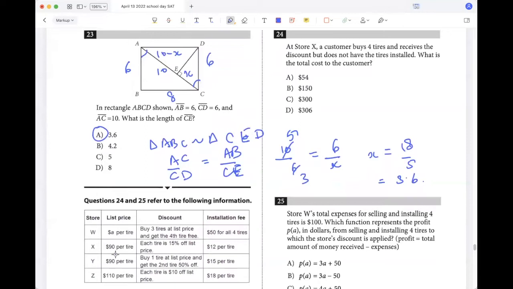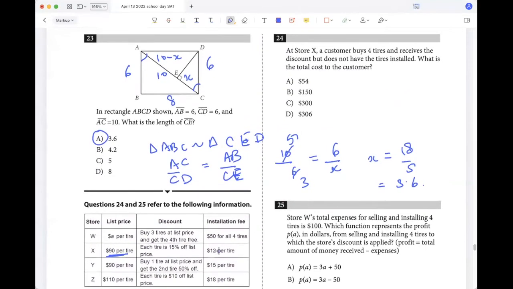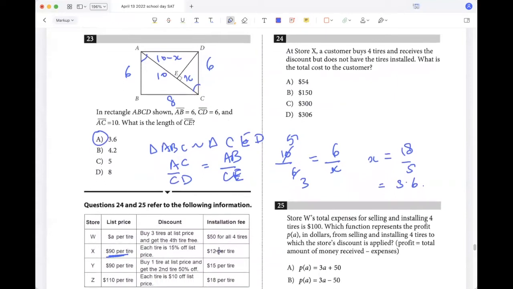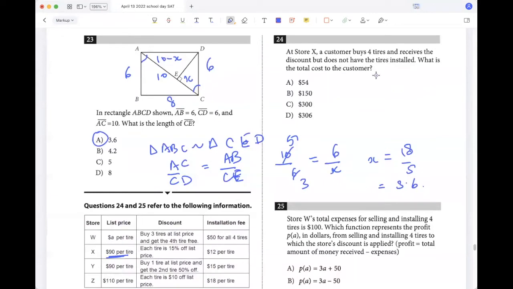Okay, so discount. A customer buys 4 tires and receives the discount but does not have the tires installed. Okay. So list price. Okay, so he buys 4 tires. So first of all, let's find the discounted price. Discounted price would be 15% off. So it will be 0.85 into 90.